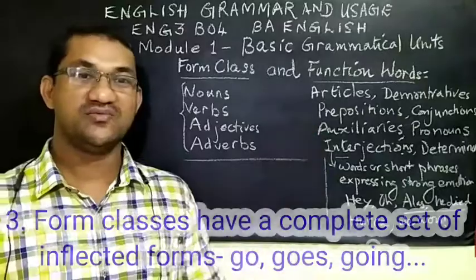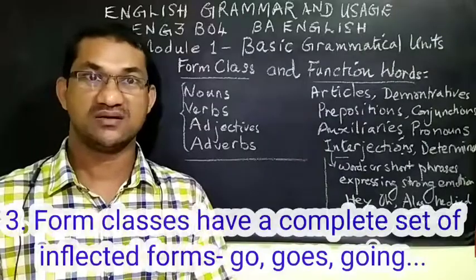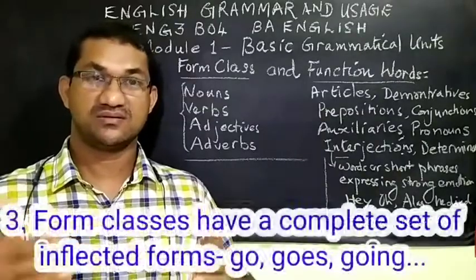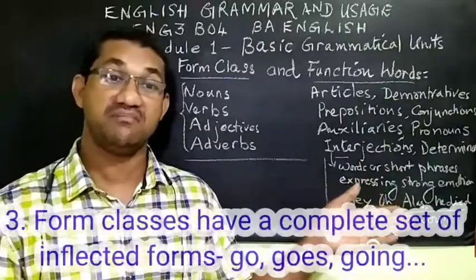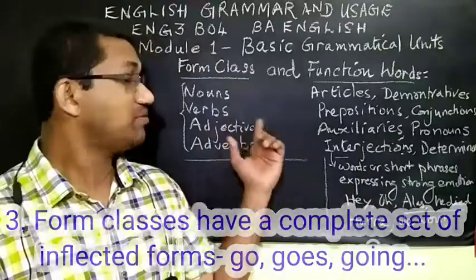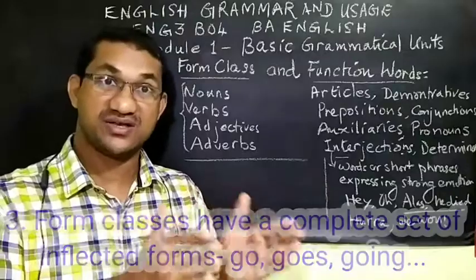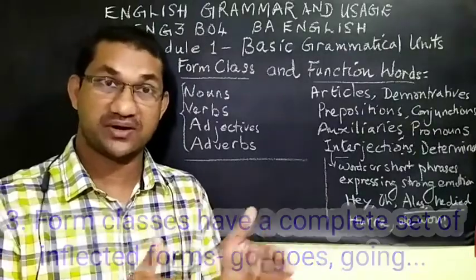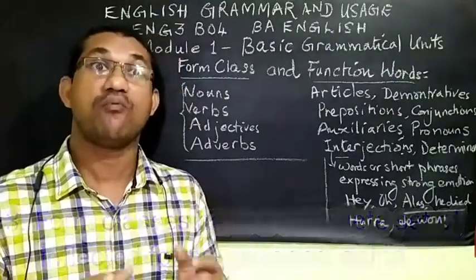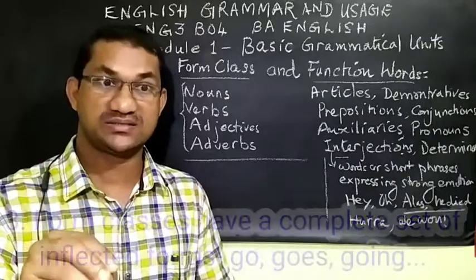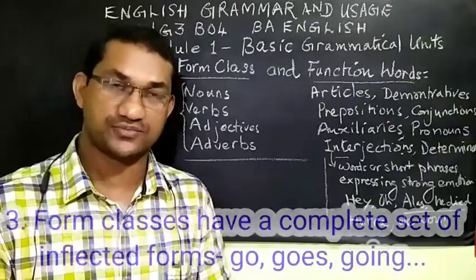Similarly, we say high, higher, highest, smart, smarter, smartest, jump, jumped. So form class words can have inflections, like past tense inflections, present tense singular inflection. So this is the third aspect of form classes. These words can have inflected forms.